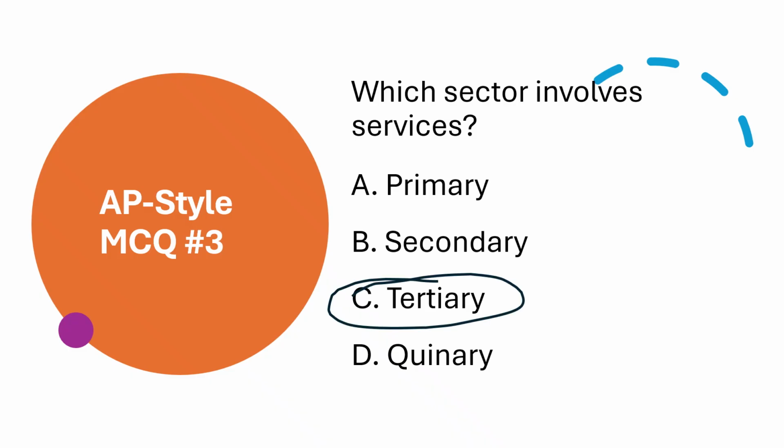If you chose C, tertiary, you are correct. The tertiary sector is about services. A is resources out of the ground. B is turning resources into products. C is selling those products. And D is about knowledge and leadership.